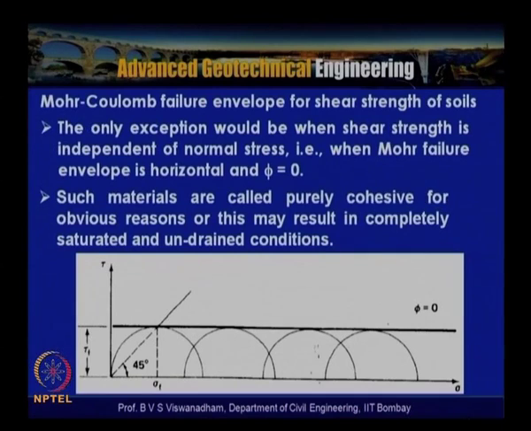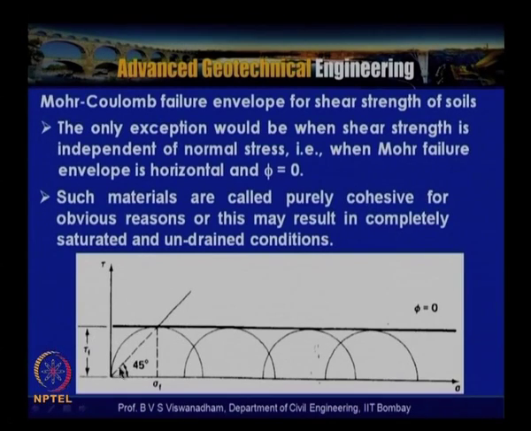But as has been told, the only exception would be when shear strength is independent of normal stress. That means the Mohr failure envelope is horizontal and phi is equal to 0. That means tau is equal to c, when you have an element such that the minor principal stress, sigma 3, is equal to 0, and then this is the stress at failure.